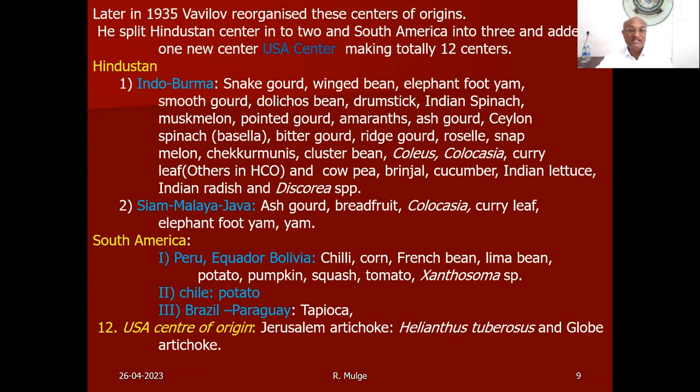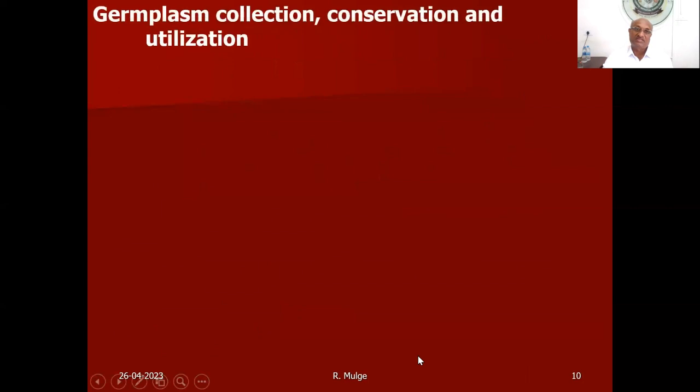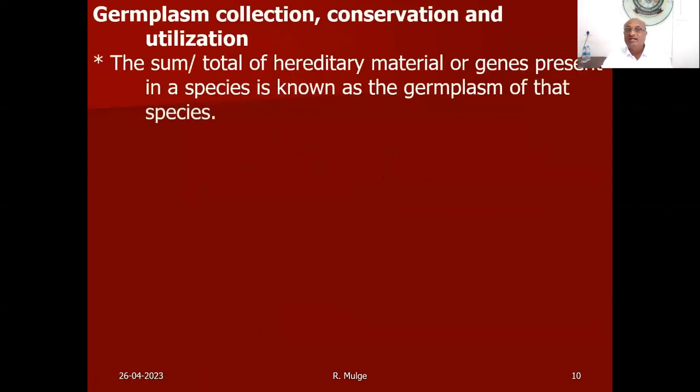And the 12th center he added, that is the USA center of origin. Jerusalem artichoke, that is Helianthus tuberosus, and globe artichoke belong to this particular center of origin. So finally, with these 12 centers, conveniently, the majority of the food crops are covered.